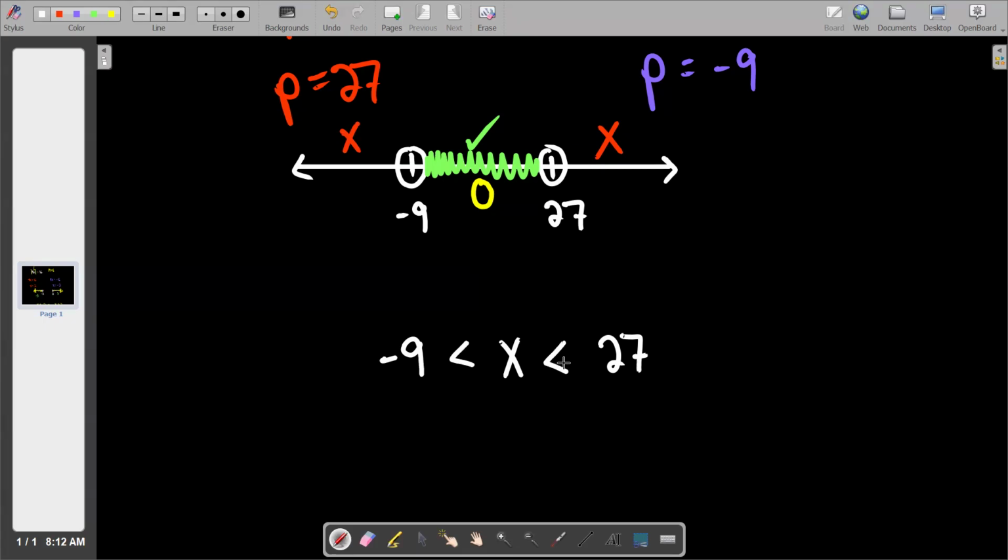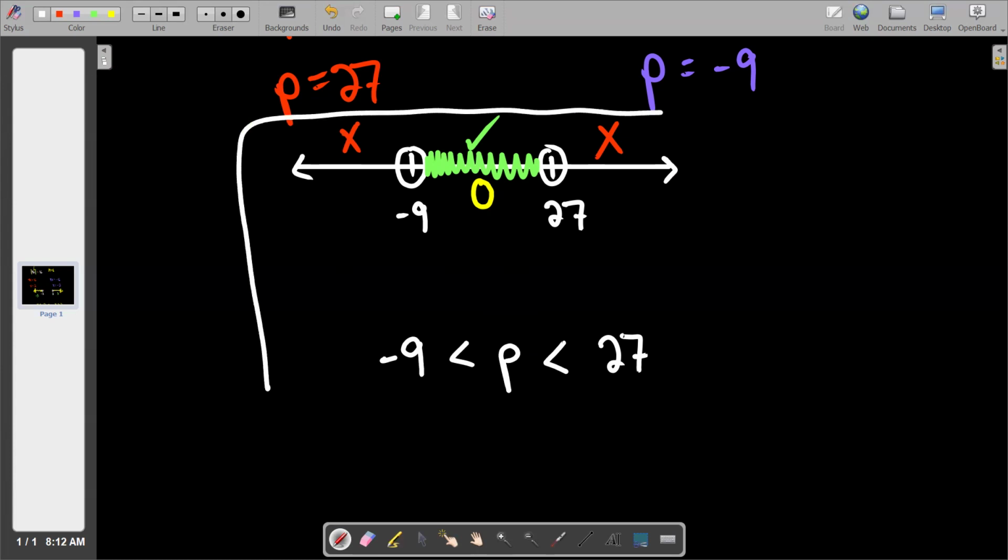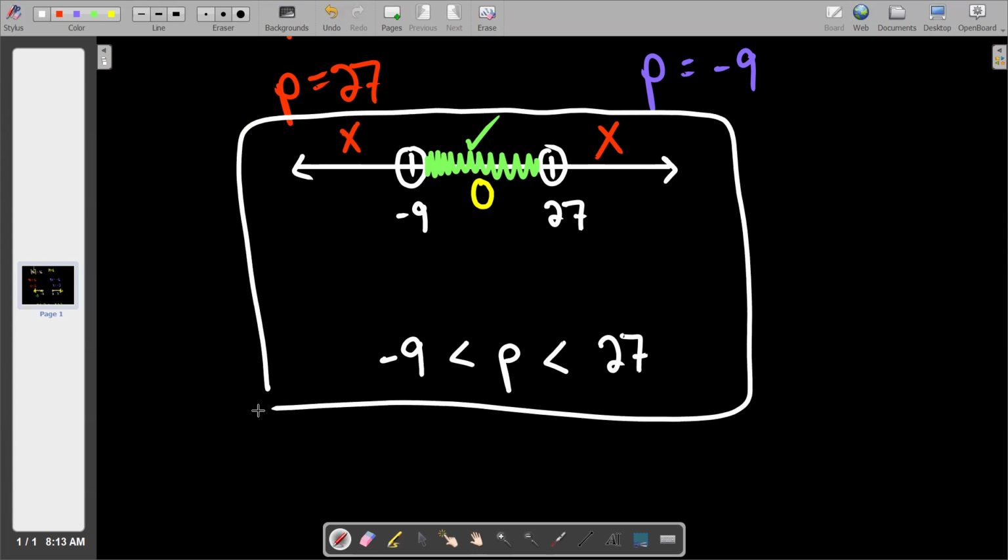Let me fix that, I wrote x, I'm sorry, p, my bad. That's it. That's your answer. That's how you write the squishy in the middle kind right there. Simple, pimple. Everything in this white box, problem over, done. That's how simple it is. Okay, that making sense?